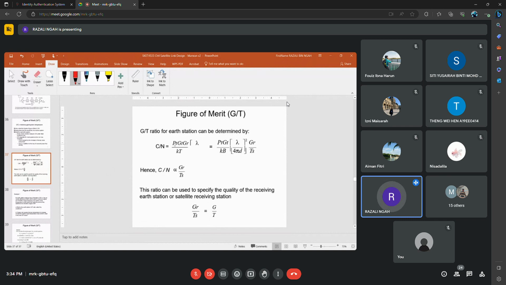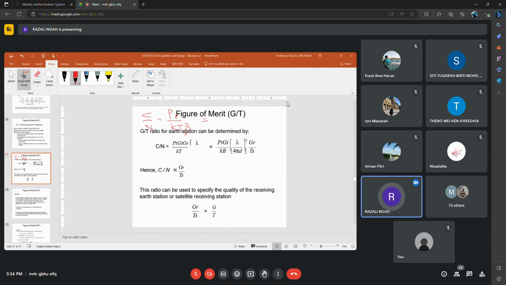If we refer to this equation, the carrier to noise ratio equation, as we know, C over N is the ratio of receive power to the noise power. Noise power is KTB, or KTSB.